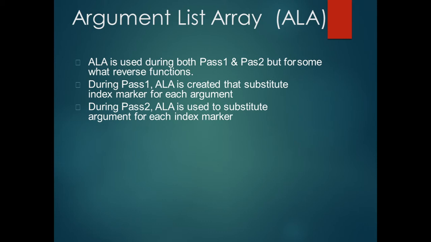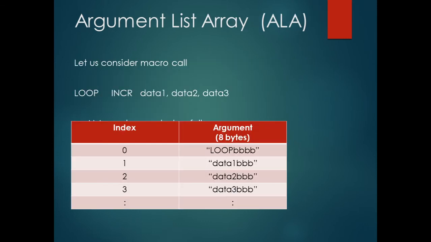So let us take the structure of this argument list array. Let us consider one macro call: loop incr data1, data2, data3. On the slide we can see the ALA table is divided into two columns.